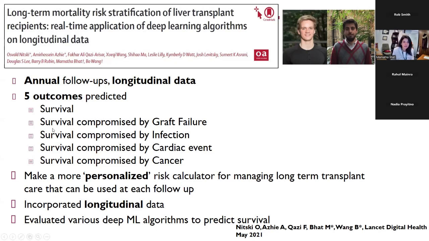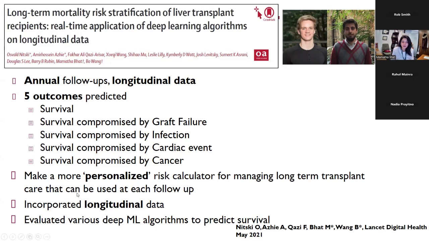And the idea here was to develop a personalized risk calculator to optimize the care of liver transplant recipients. And so we considered longitudinal data over time and looked at overall survival prediction as well as survival compromised by graft failure, infection, cardiac event, and cancer.